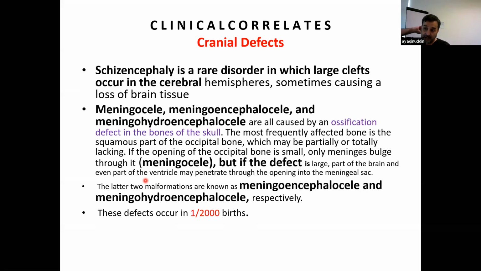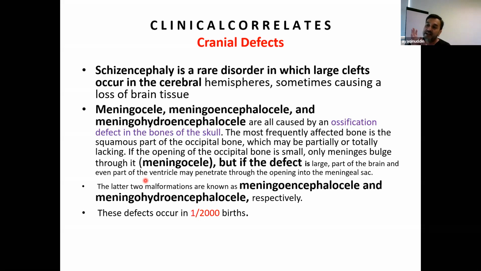So it can happen with the spinal cord, and it can happen over the skull also, that you have only meninges bulging, then it is meningocele. If it is meninges with part of the brain bulging out, that is meningoencephalocele.